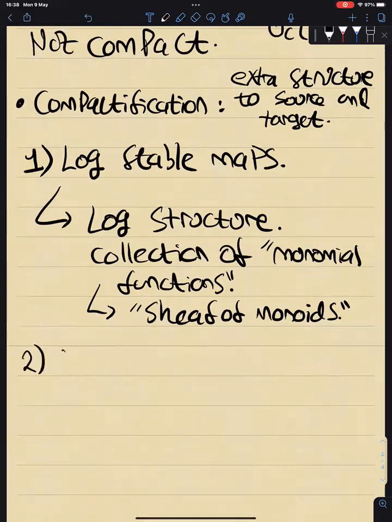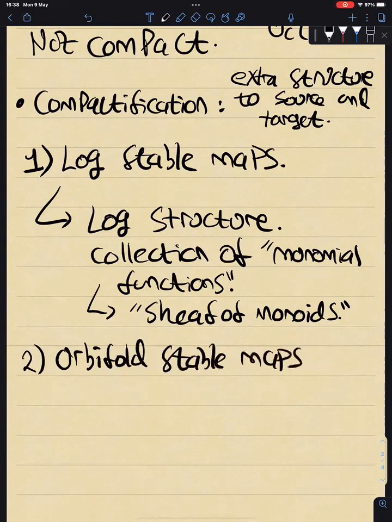The second theory is the theory of orbifold stable maps. This is a theory developed by Abramovich, Graber, and Vistoli, which makes sense for any smooth Deligne-Mumford stack. But in our context, what we do is we construct something called a root stack.